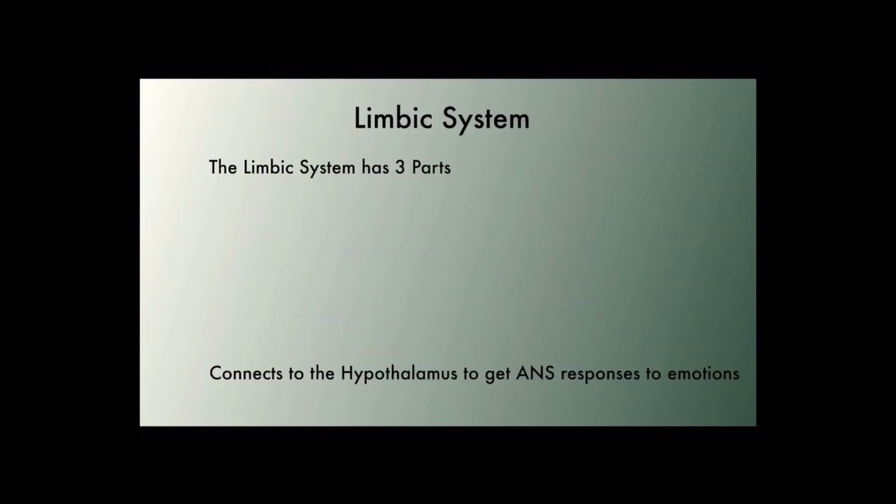Let's talk about the limbic system. Now, the limbic system has 3 parts. Let's go over each of those parts. We have the amygdala. And what goes on with the amygdala?